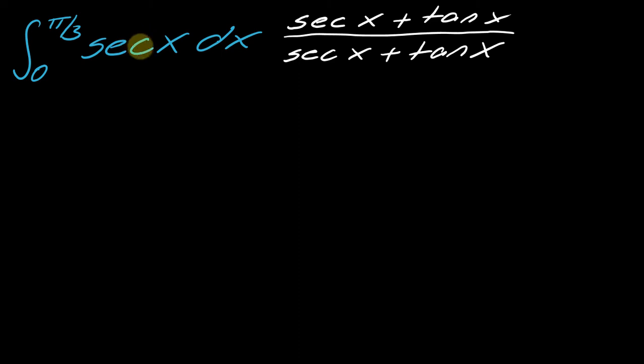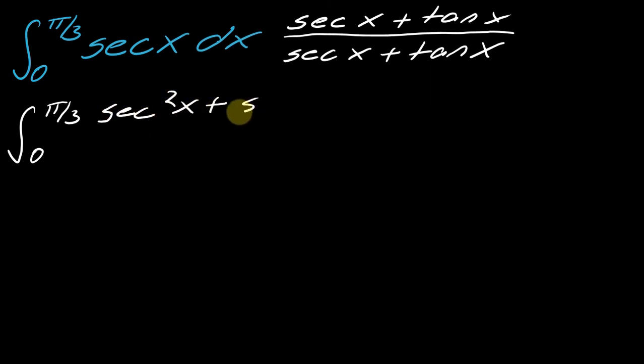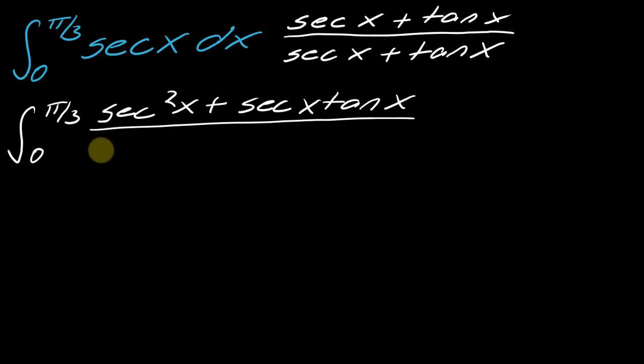But notice what happens when I multiply secant x times the top, and then you'll see how to hopefully finish this. The top will be secant squared x plus secant x tangent x, over secant x plus tangent x dx.